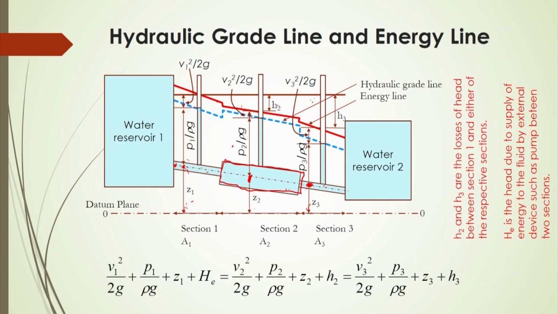So in the real fluid case, real flow, you have to consider that there will be a certain loss of energy. That loss of energy has to be considered to get the conservation of energy equation. If there is no head loss, then simply the summation of the velocity head, pressure head and potential head will be the total head, and if there is a certain head loss, then you have to consider it there.